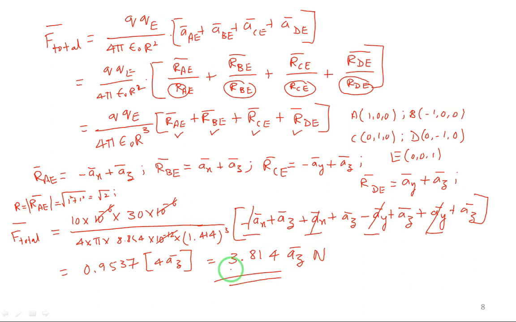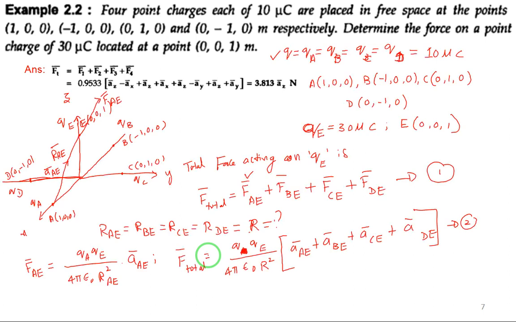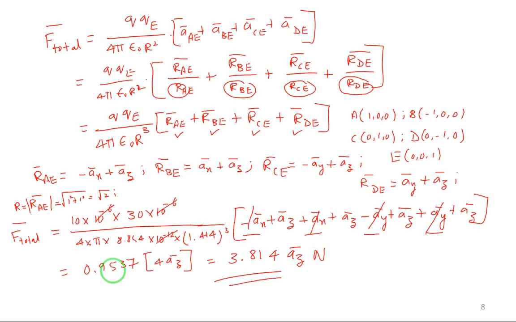If it is asked magnitude, under root of 3.814 square is once again 3.814 newtons. If it is magnitude, so vector is this much. Just will cross verify the answer. Yes, you are getting here 3.813 AZ newtons. What we have calculated is 3.814. Fine. I hope this is clear, and I'll stop the class here and I'll stop recording also here.